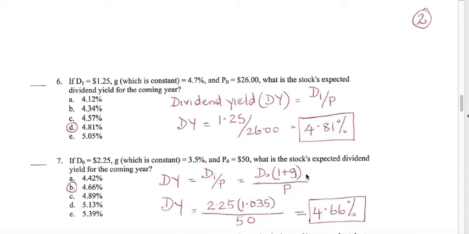So the dividend yield would be equal to D0 times 1 plus g over the price of the stock, which is 4.66%. So once again, class, I want you to be aware of the difference between D0 and D1 and how the formula changes.